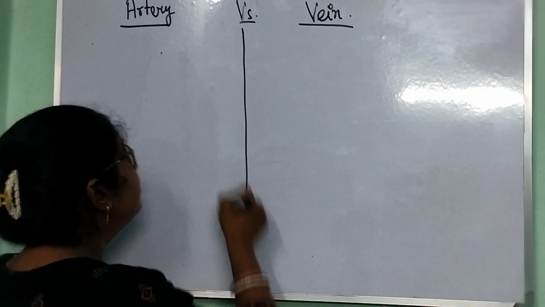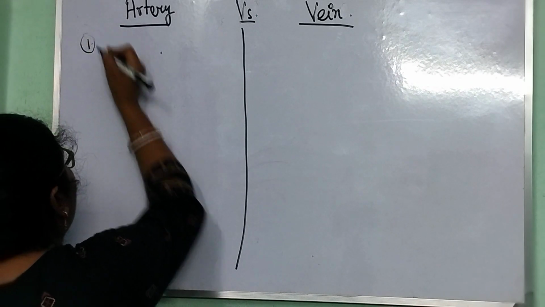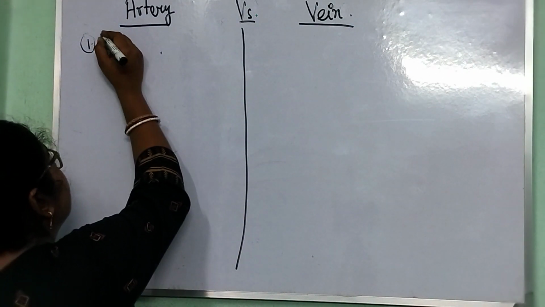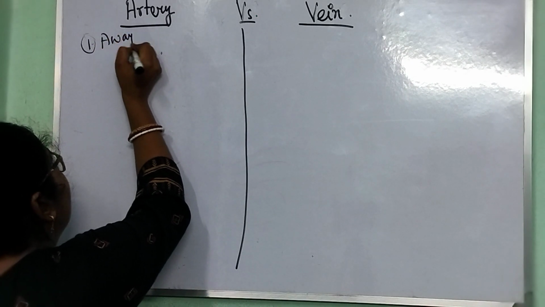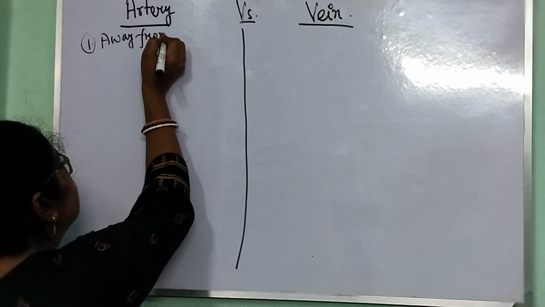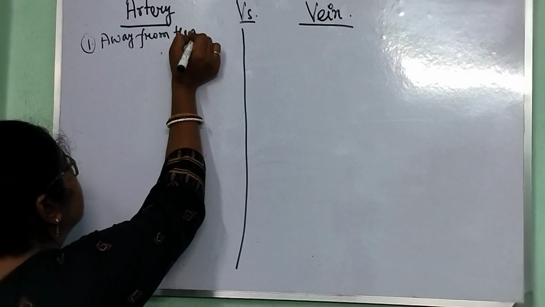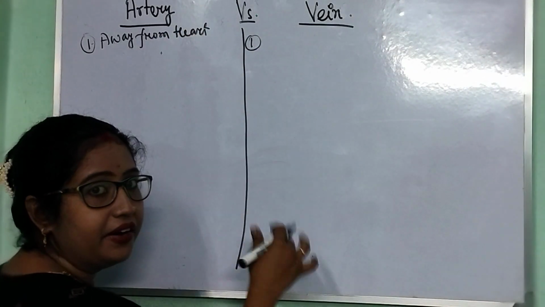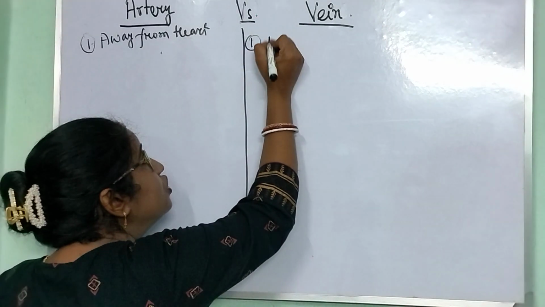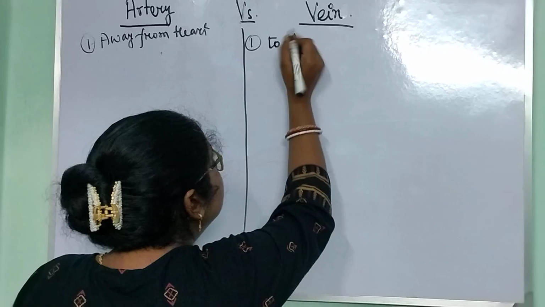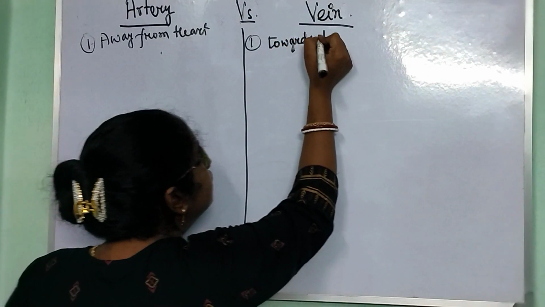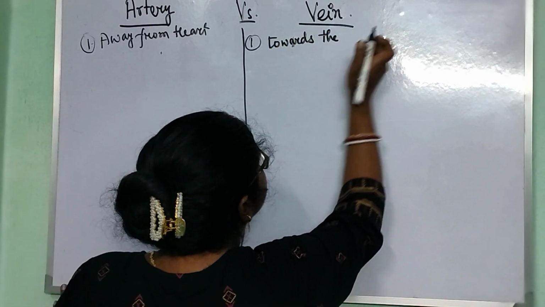So first difference is artery carries blood away from heart, whereas the veins carry blood towards the heart.